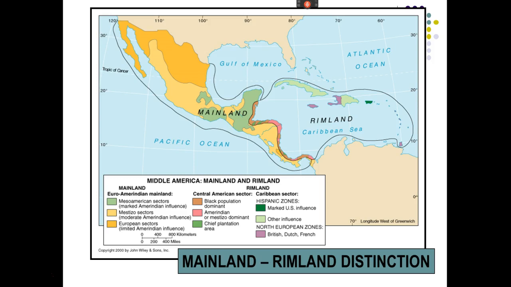The mainland-rimland distinction is a way to distinguish between two distinct areas of this great realm. The mainland has a Euro-Amerindian influence, whereas the Rimland has a influence that includes a predominant black population and largely colonialized areas that were developed for agricultural export.